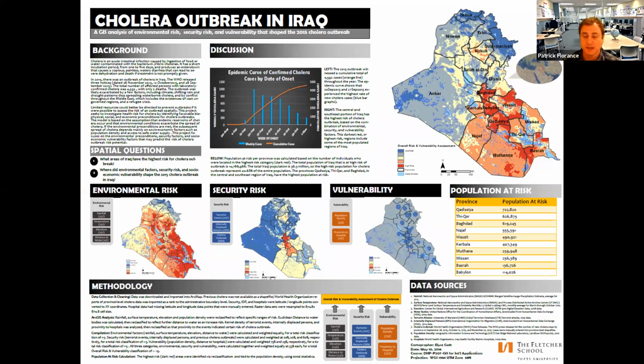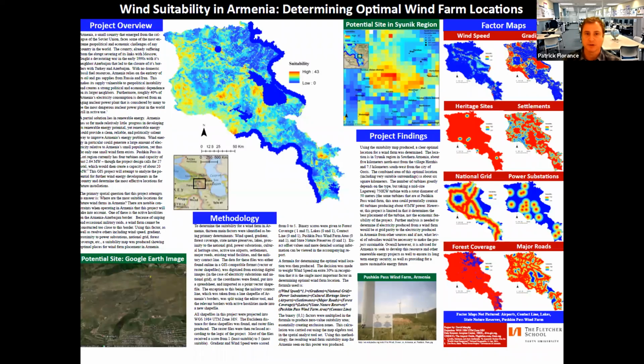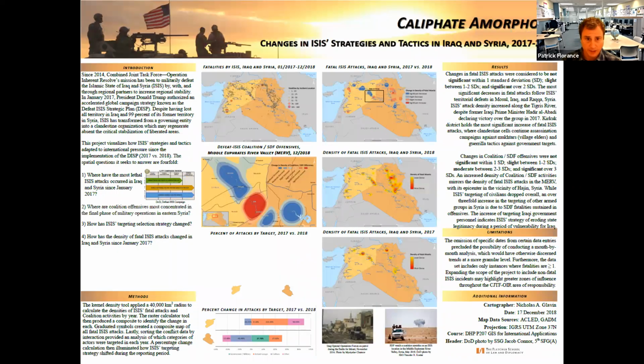Or assessing the impact and risks of cholera outbreaks in Iraq. Identifying areas in Armenia for optimal wind farm locations. Calculating hotspot change in conflict, so conflict hotspot change over time. Where's conflict increasing or decreasing?